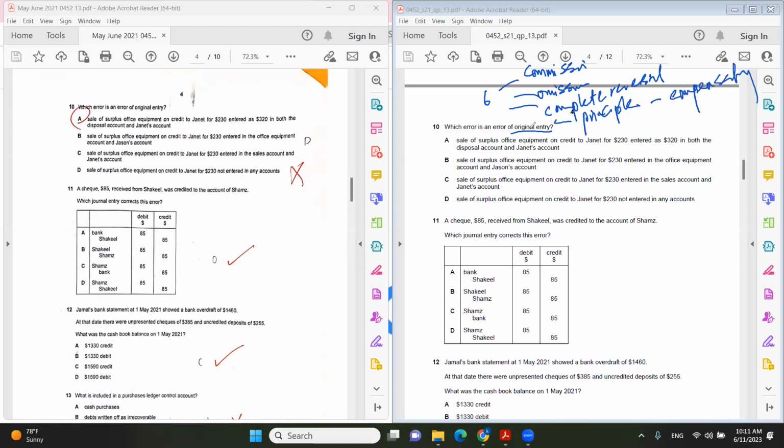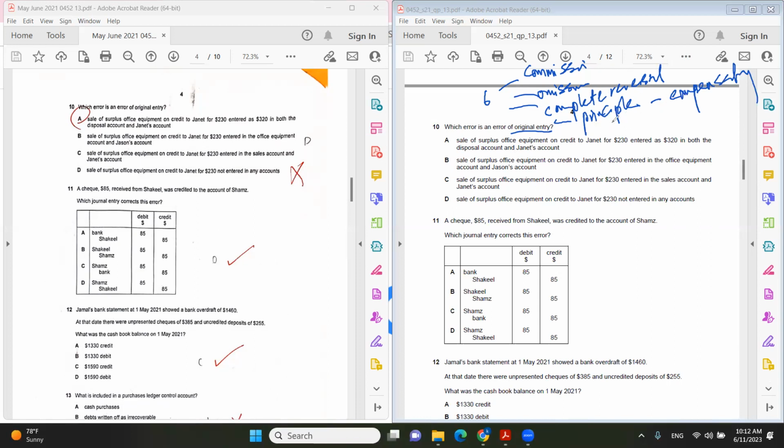Commission is the same class, same group of account, but the wrong account. Correct side, correct class, but wrong account. Omission is totally no recording, no debit, no credit. Complete reversal means debit becomes credit and credit becomes debit. That is complete reversal, with the correct account.